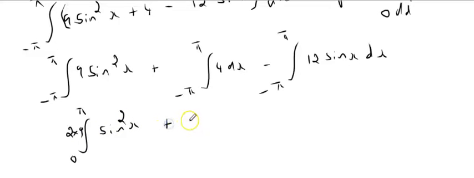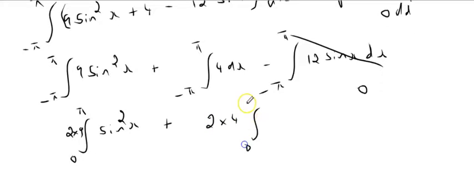Of course you can see that 12 sin x is an odd function because sine of minus x is minus sin x. So we can eliminate this; you are going to get a value of 0 for that. And this is plus integration of 2 times 4, which is an even function, 0 to pi dx, simply dx.